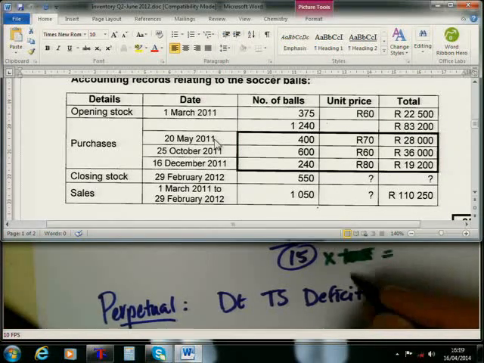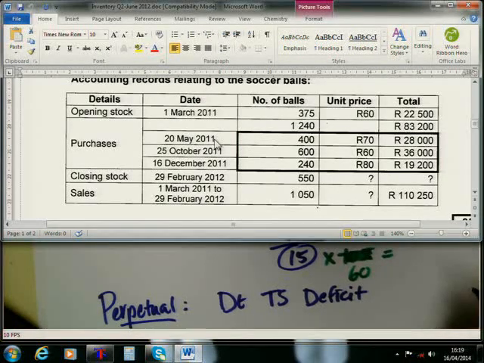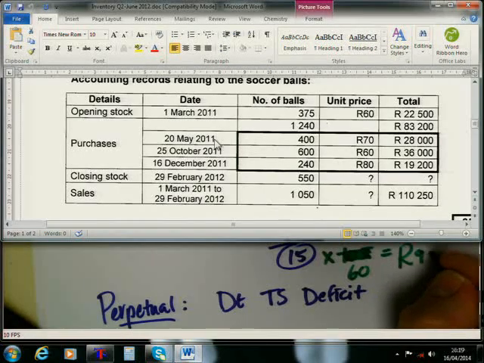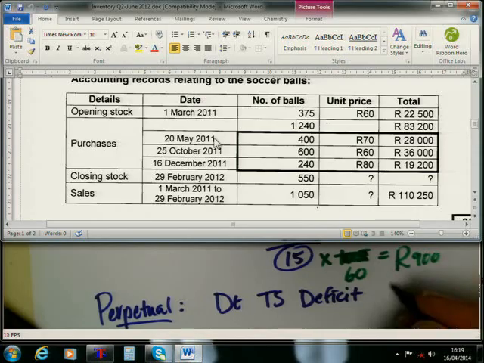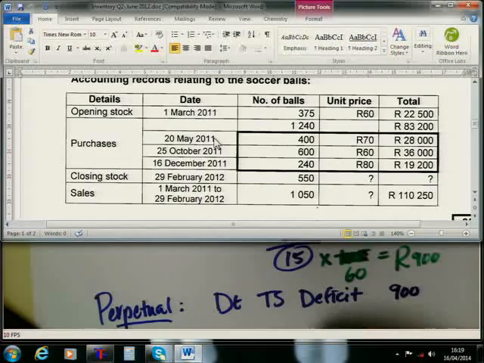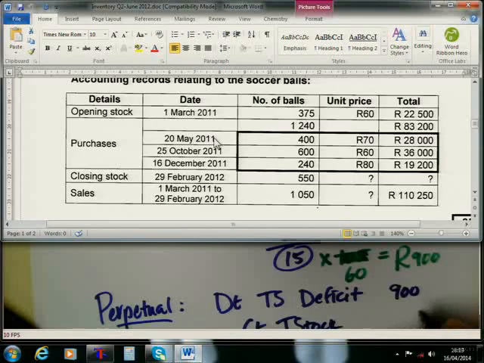So it's 15 balls stolen. The cost price of the balls is 60 rand, and that gives you the value of the balls that are stolen: 900 rand. So you debit the deficit with 900 rand, and you credit trading stock with 900 rand.